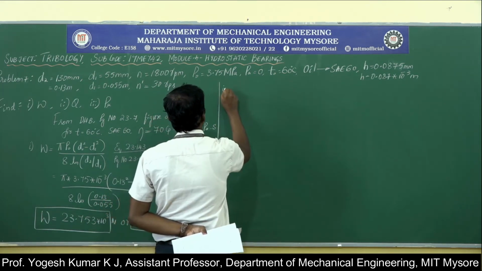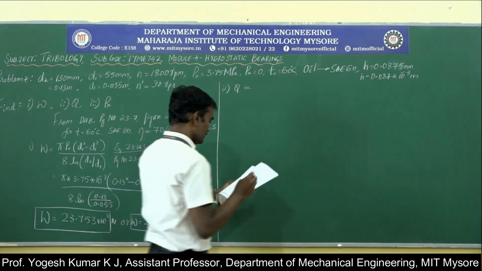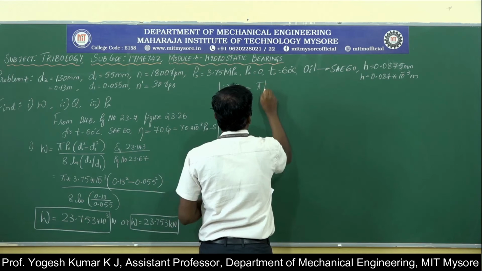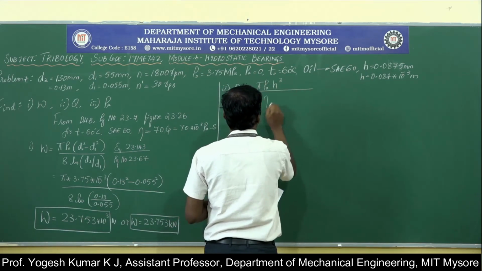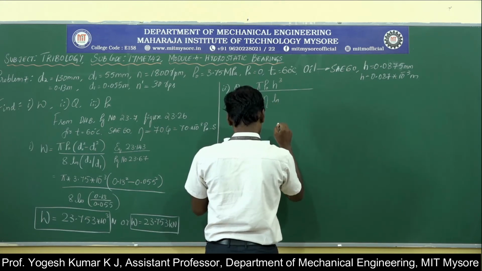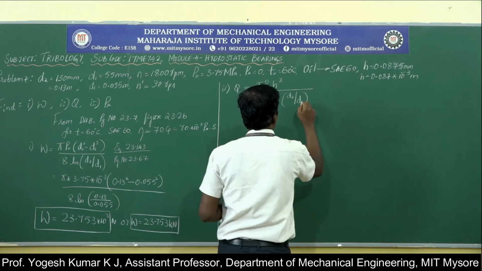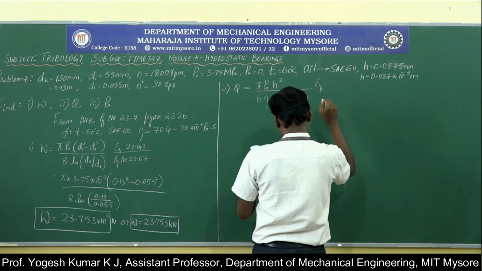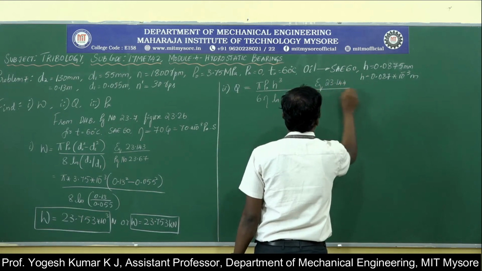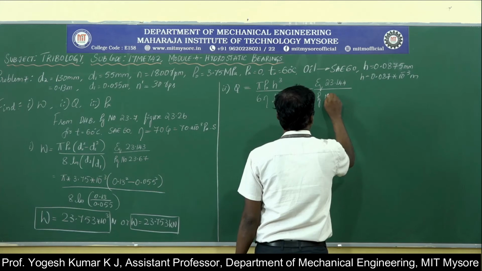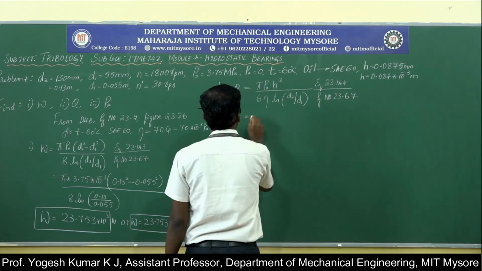Next is the oil flow rate. Again, we know the expression for Q. Q equals pi P naught H cube divided by 6 eta natural log d2 by d1. Equation number 23.144, page number 23.67.